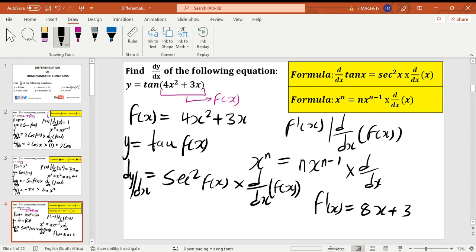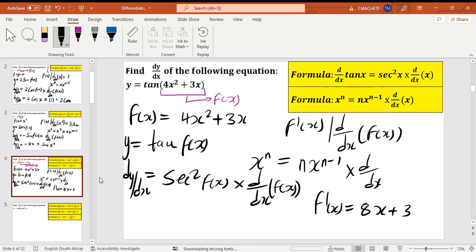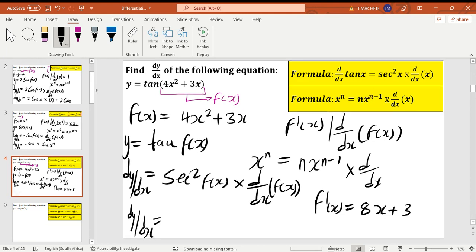Then your final answer will be, your dy over dx of this will be, so you write your f prime there. Your f prime is 8x plus 3. This is your f prime, or rather your d over dx. You write it there.